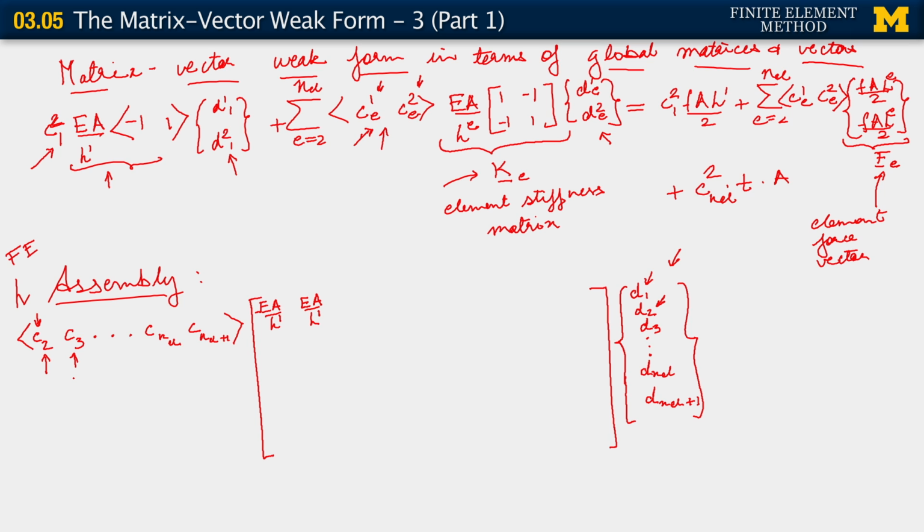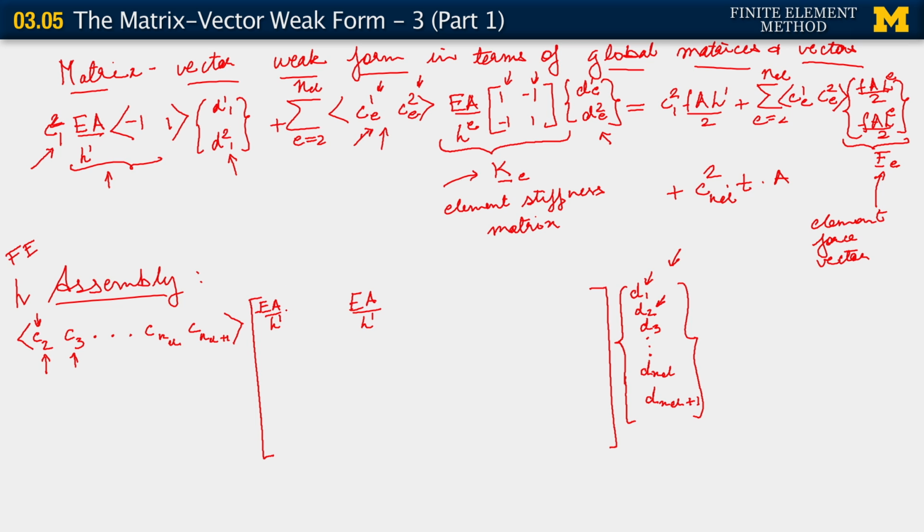Now, those contributions come from the entries to this matrix. So, when we put those together, we get here an additional contribution, and I realize that I'm already running out of room here, so let me just move this over a little, to EA over H1 here. The contributions coming from element number 2 would be the following.